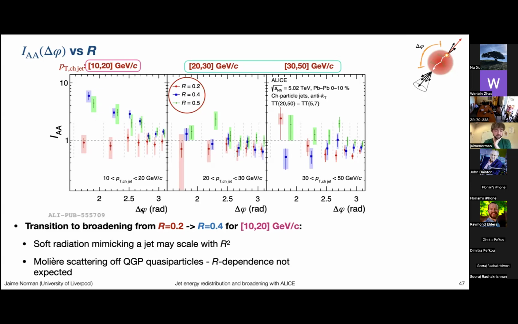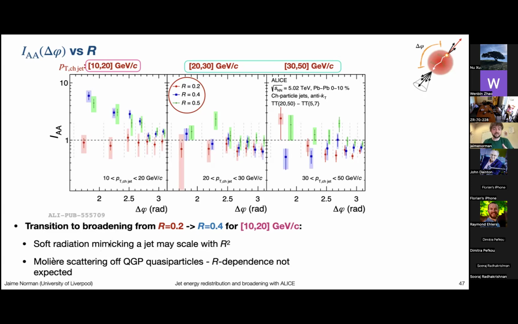And so we can think that this sharp transition could be caused by soft radiation. If we have diffuse radiation that is being reconstructed as a jet, the yield of these jets may scale with the area of the jets, so with the square of the radius.